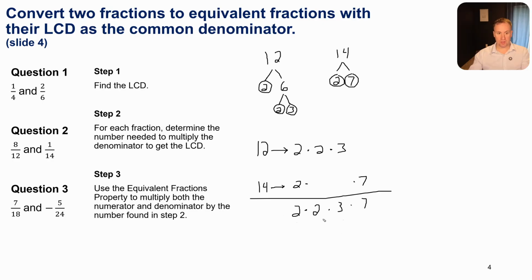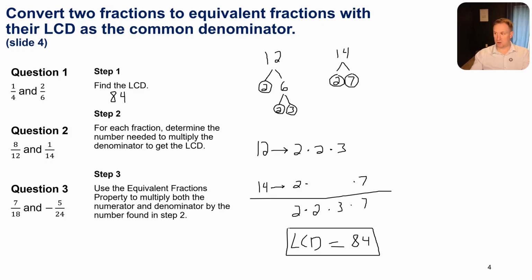Okay. So this is now going to be our least common multiple, or least common denominator, I should say. So 2 times 2 is 4, 4 times 3 is 12, and 12 times 7 is 84. So a larger number. This would have taken a bit more doing in terms of the listing of multiples potentially. So this might be a useful strategy for these two. So 84 is then our least common denominator.